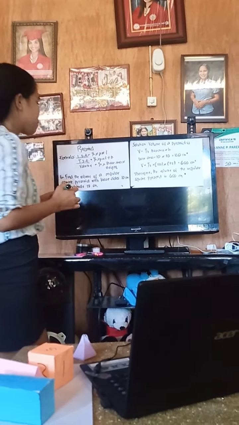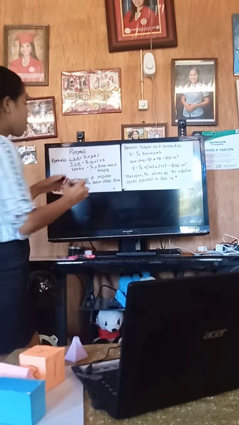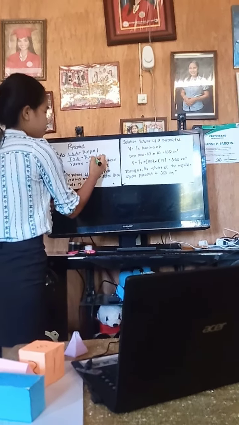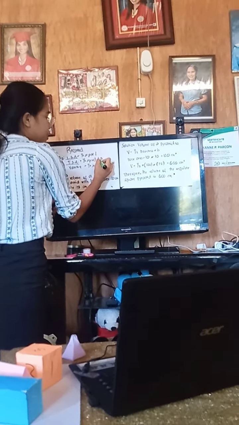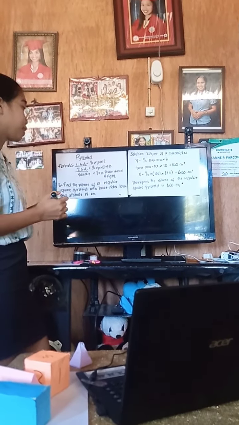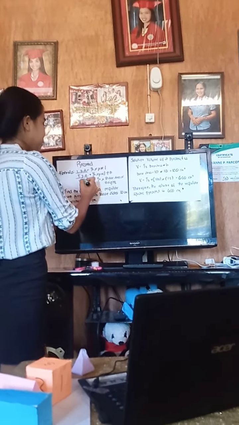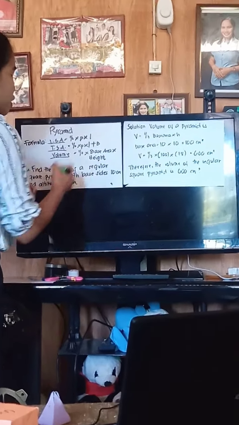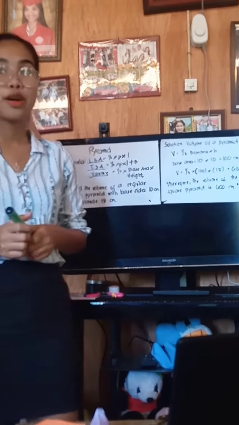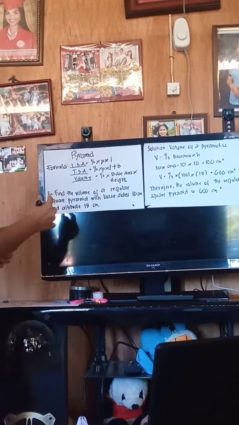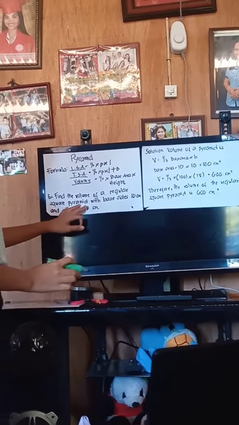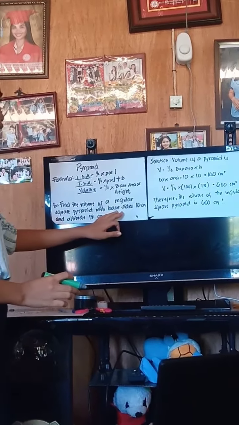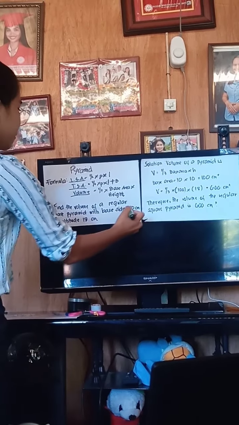And then for the total surface area, TSA equals 1/2 times the perimeter times the slant height plus the base. And for the last one, the volume equals 1/3 times base area times the height.